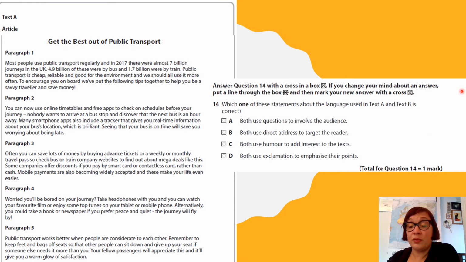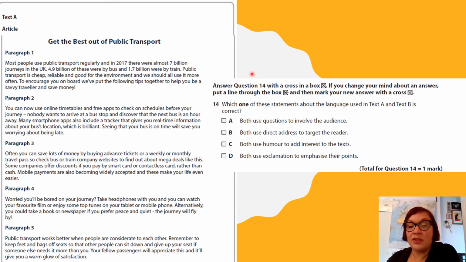So here's question 14. It's multiple choice. So you just have to look at this text, which is text A, and text B is the one much earlier in the presentation, and look at which one applies to both of them. Questions, direct address, humor, or exclamation.